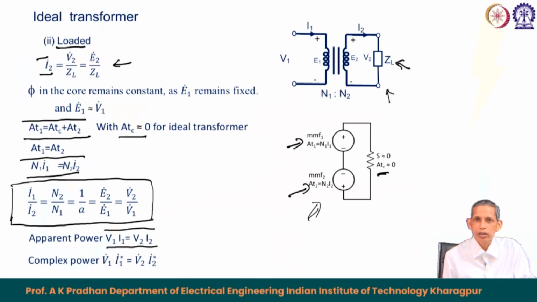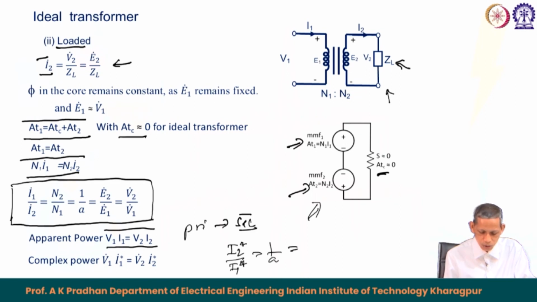That is nothing but the apparent power in the primary equals the apparent power in the secondary. Similarly, if we take I1 conjugate upon I2 conjugate, that also happens to be 1 by A, and I2 conjugate upon I1 conjugate equals 1 by A, and this equals again V2 phasor divided by V1 phasor.